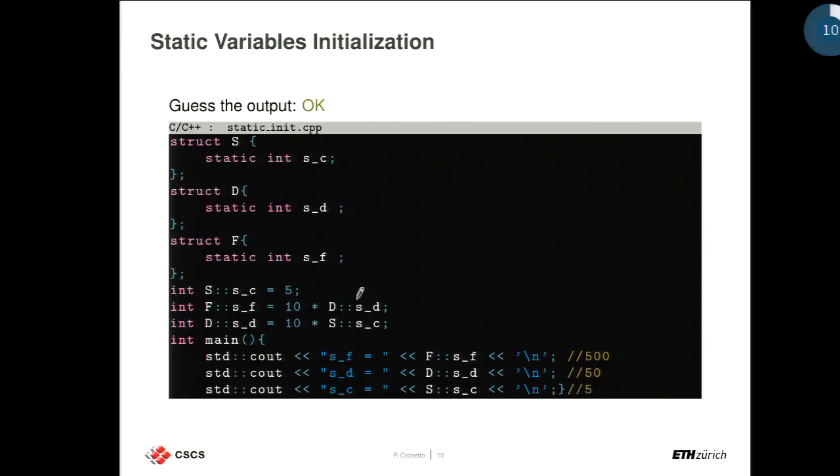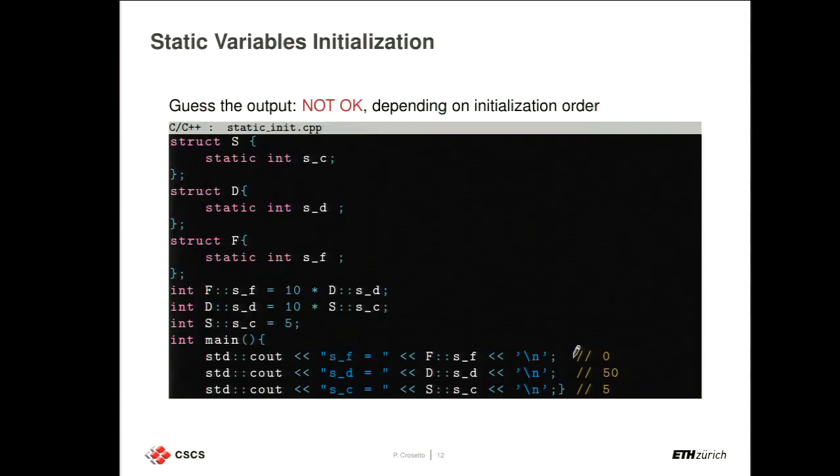Everything seems to work nicely, you get things initialized properly. What if you exchange the program order in this case? Then you get that the first one is initialized to 0. So this is not okay, and there's a dependency on the initialization order.